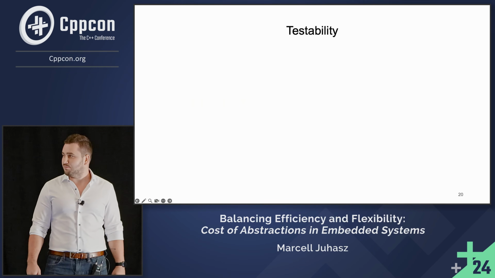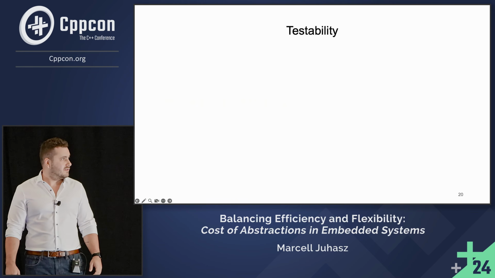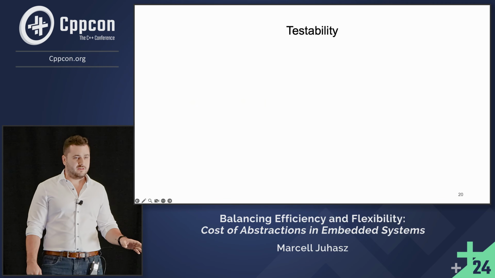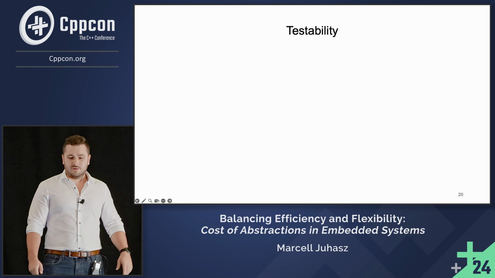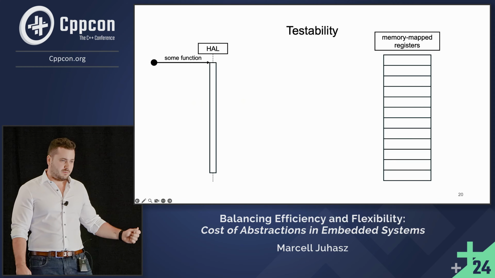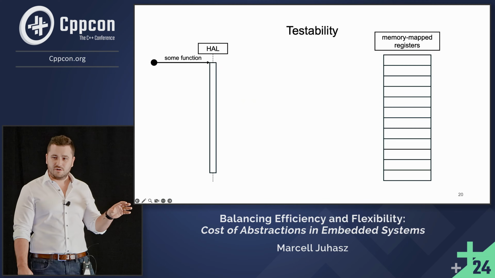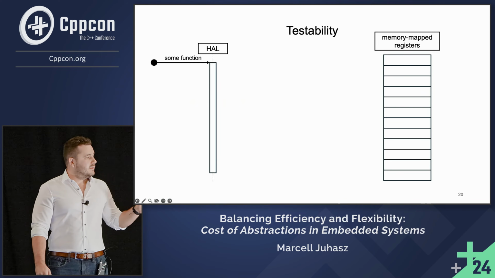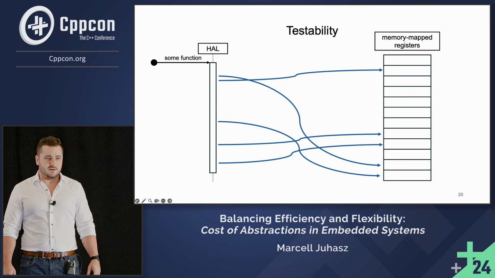Now, before I answer the main question about the runtime overhead of this abstraction, I want to briefly mention a side effect of encapsulating the register operations this way, because it makes it possible to test the firmware application on the host machine. As you have seen before, the hardware abstraction layer is full of these register operations. They are all over the place, and they are accessing fixed memory locations.